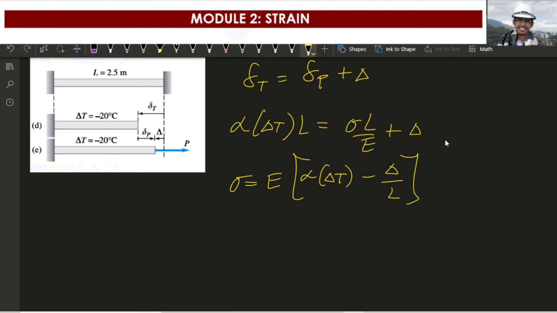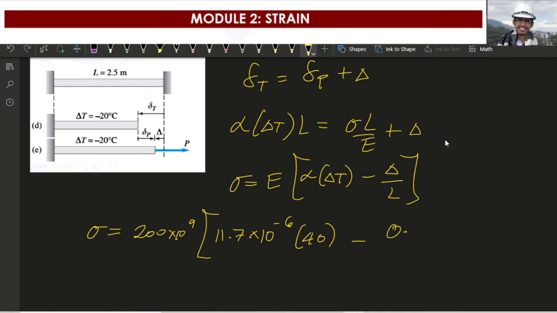So it will give us this equation. Okay? So substitute na lang natin. That will be stress is equal to yung E natin, 200 times 10 raised to 9 times 11.7 times 10 raised to negative 6 times yung change in temperature. So that is still 40 minus yung delta natin will be 0.5 mm. So convert natin siya sa meter.